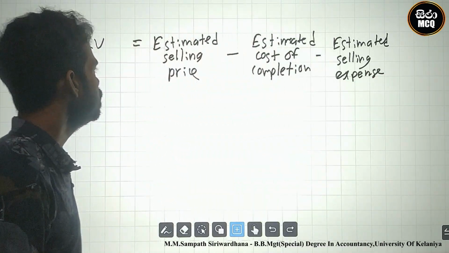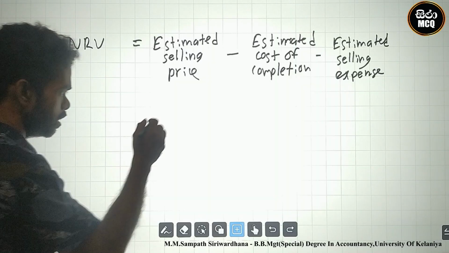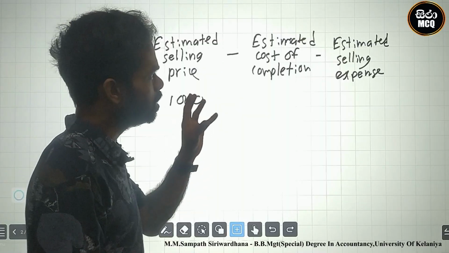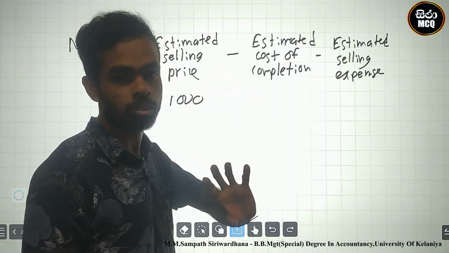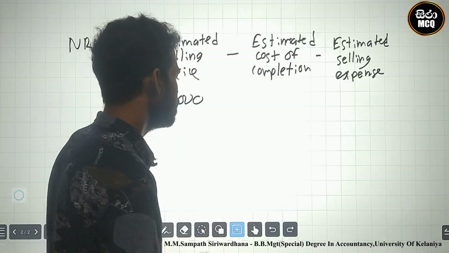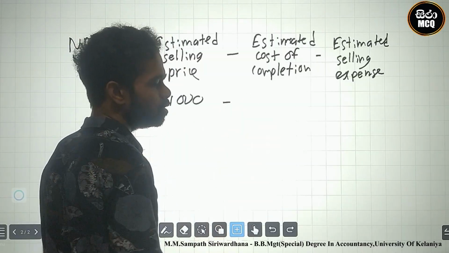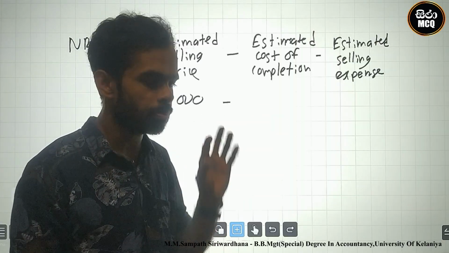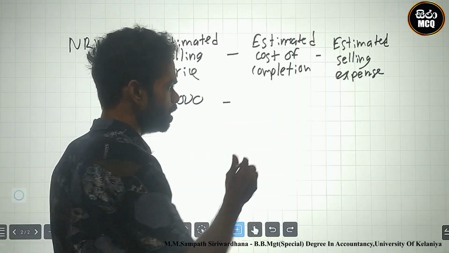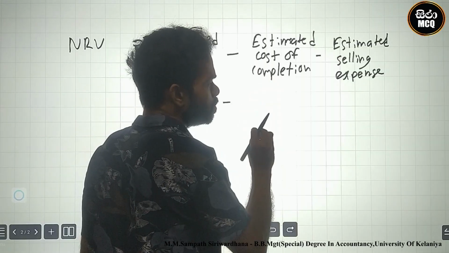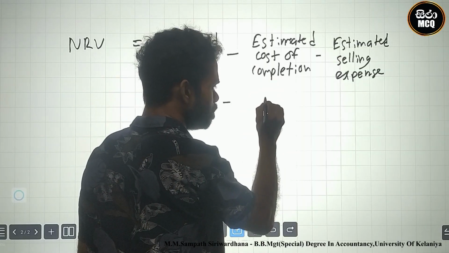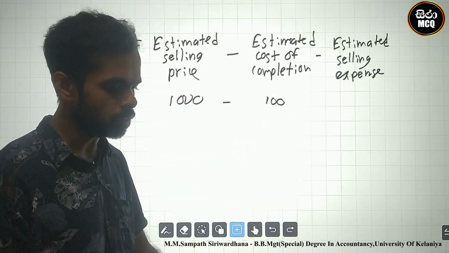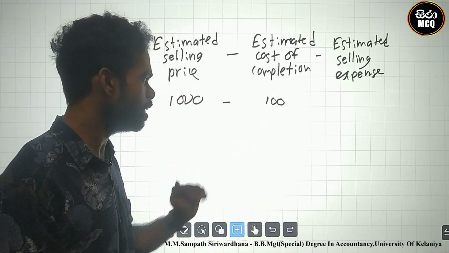Next, look here at the NRV. The estimated selling price, say 1000, less the completion cost and selling cost. Suppose there is some packaging cost. This is the selling price we collect from the customer, but at that time we incur some costs, such as a packaging cost of 100, which is not recovered from the customer.